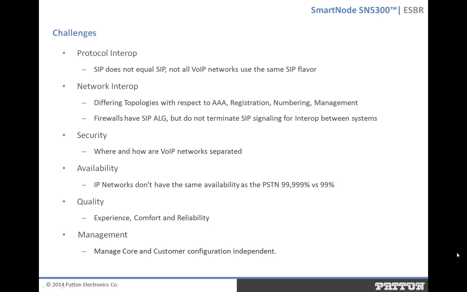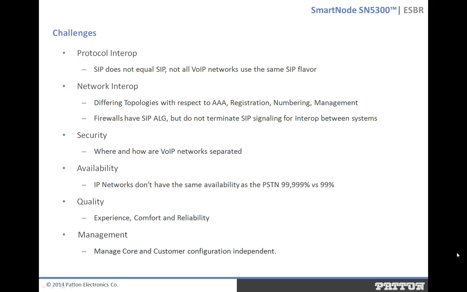But we've seen that in many cases issues come up there because the firewall is not always managing that correctly in terms of RTP port changes and so on, which quite often results in one-way voice audio. So that's where the 5300 comes into play. It terminates the SIP signaling traffic, which means that the 5300 is fully aware of the SIP protocol, whereas the firewall is just passing through the packets.